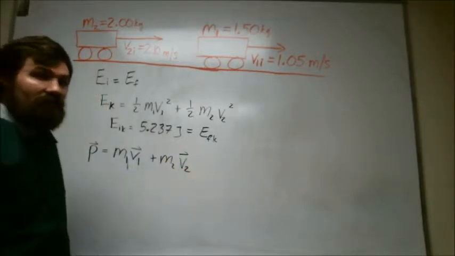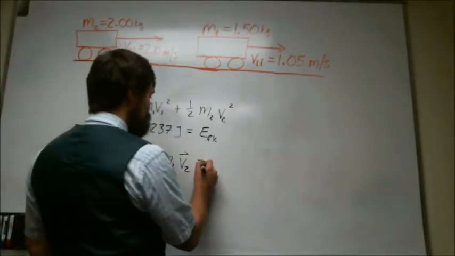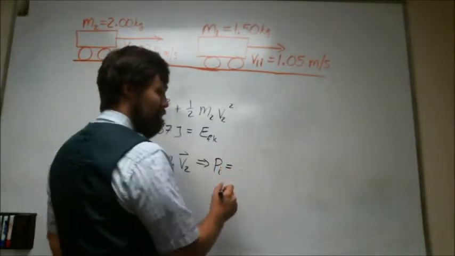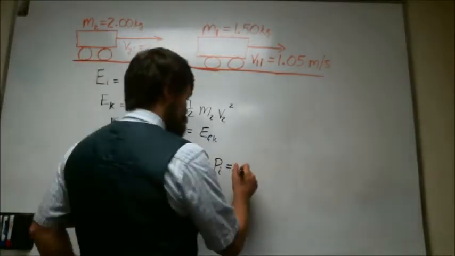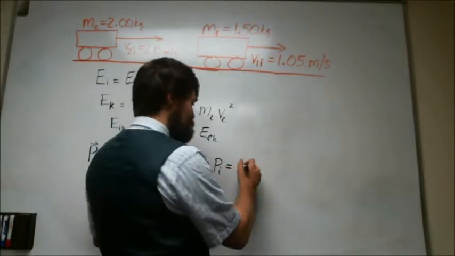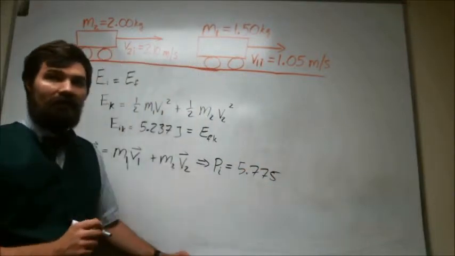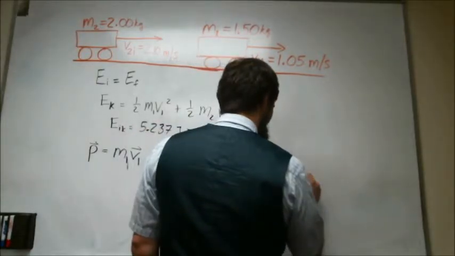So I can plug the numbers in for these, and what I end up getting is that the initial momentum is going to be something like, let's see, 5.775 kilogram meters per second.